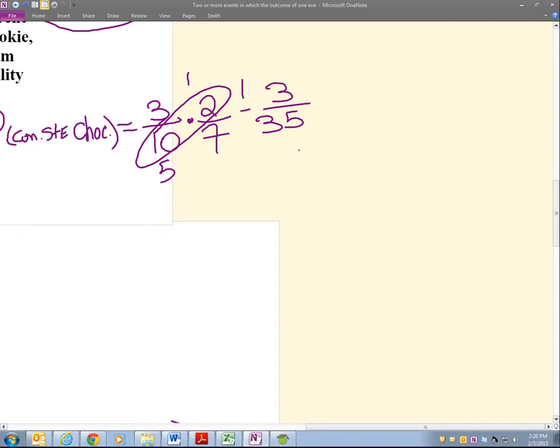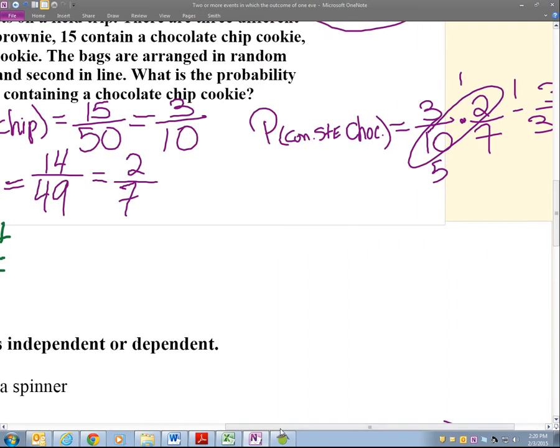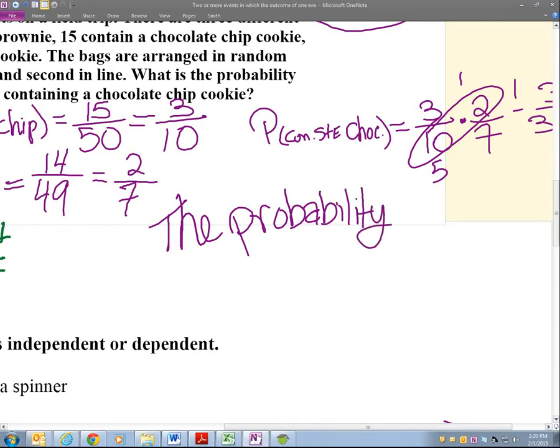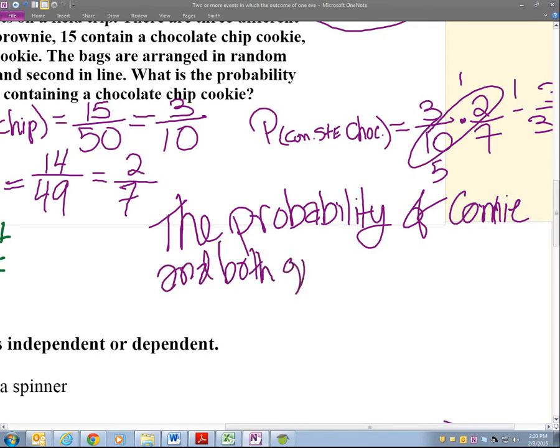All right. So it's 3 over 35, and I'm going to go ahead and write it into words because its answer is in words. There's words in the question, gotta have words in the answer. The probability of both Connie and Steve both getting chocolate chip.